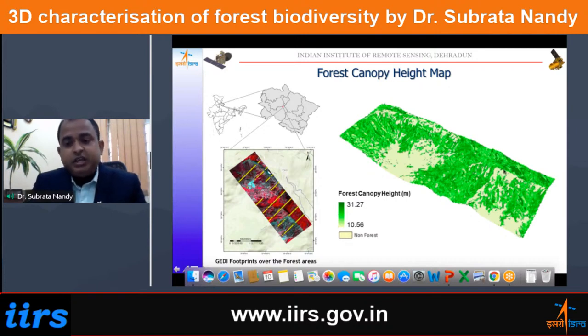Now here it gives you an idea of the structure of the forest, how the forest looks in this area. As I mentioned earlier also, these kinds of inputs, let's say the forest height map, were not available earlier.